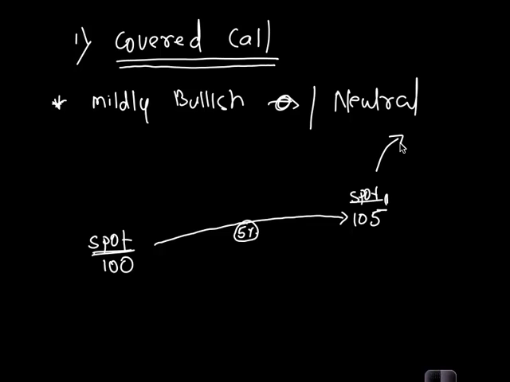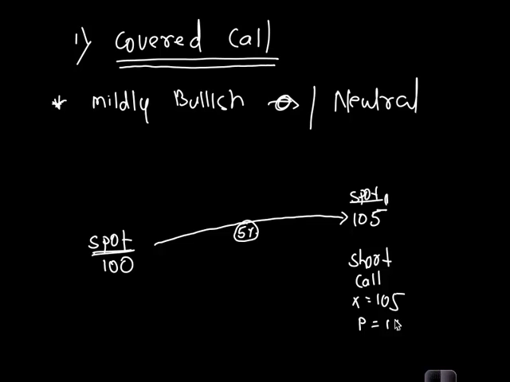If you think that the spot price would reach only up to 105, you can take a short call position with a strike price of, let us say, 105. And let us say on this short call position, you earn a premium of 11.